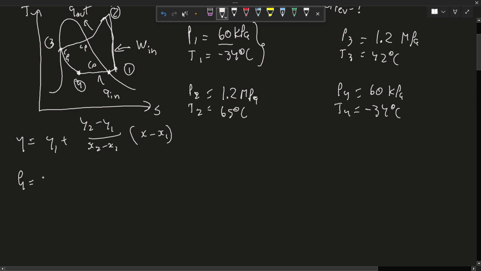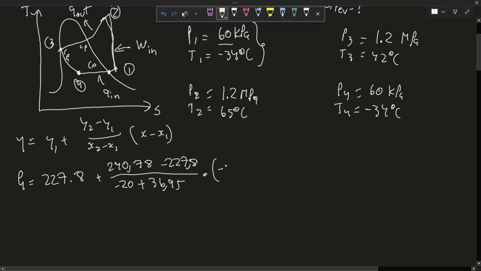So it's this value, plus the slope, (230.78 minus 227.8) divided by (negative 20 minus negative 36.95), times (negative 34 minus negative 36.95). This is going to give us h1, which is about 230.06.